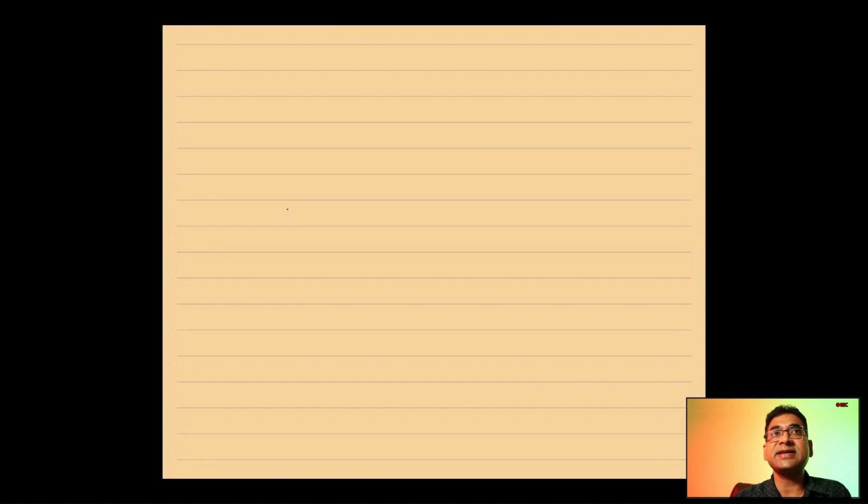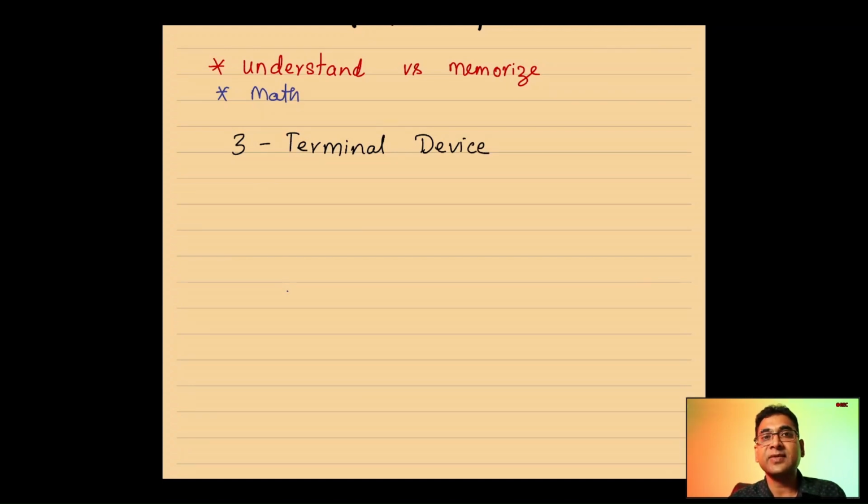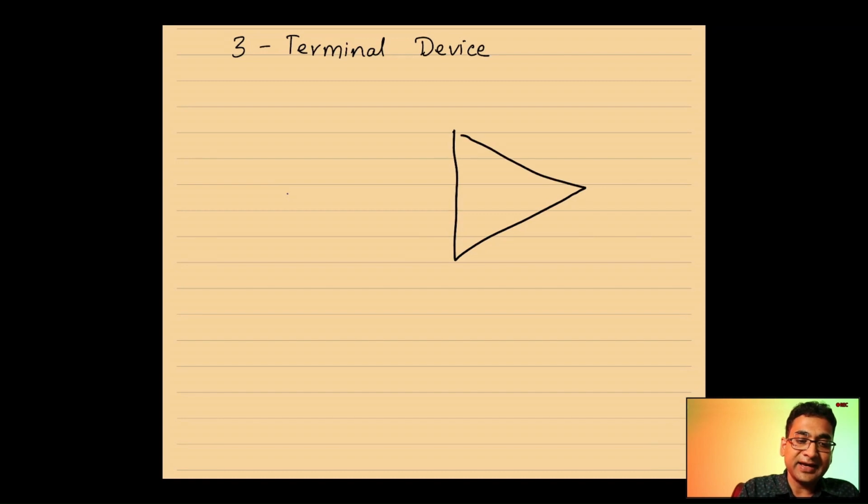Now, let's see. An operational amplifier is a 3-terminal device. Here is the symbol for an op-amp.